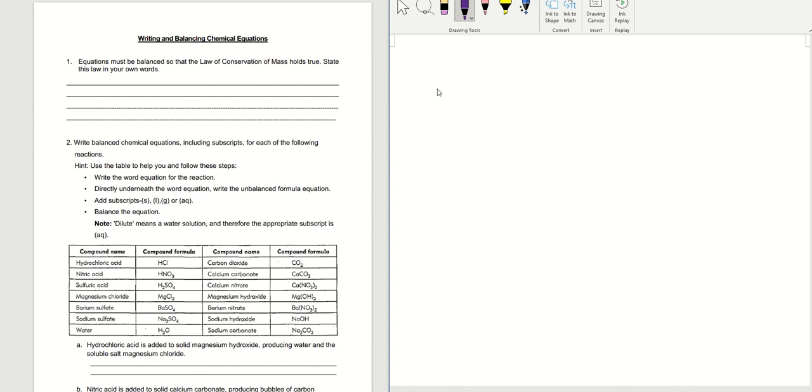The way we balance chemical equations is based on a chemical law or scientific law known as the law of conservation of mass.